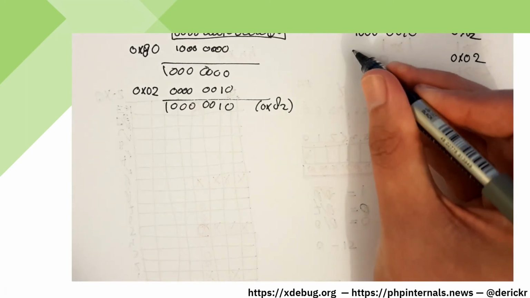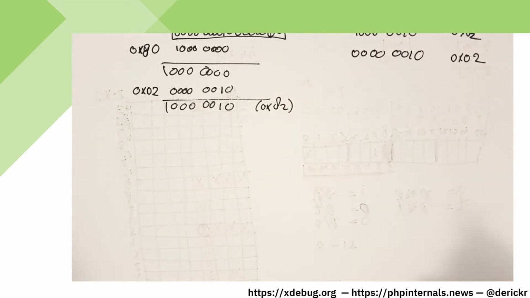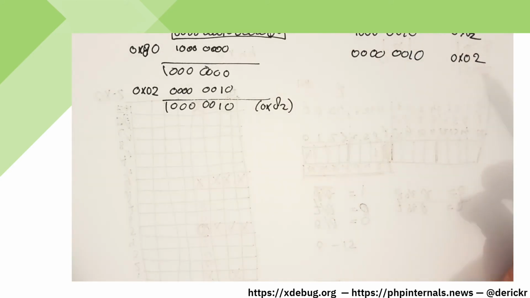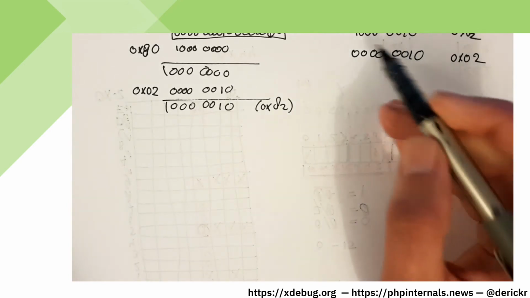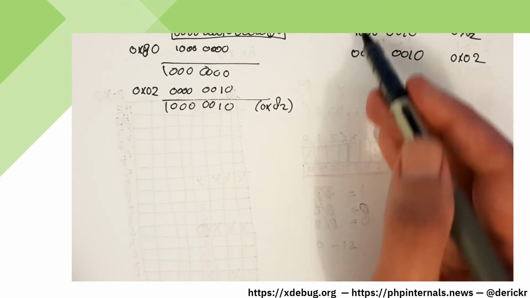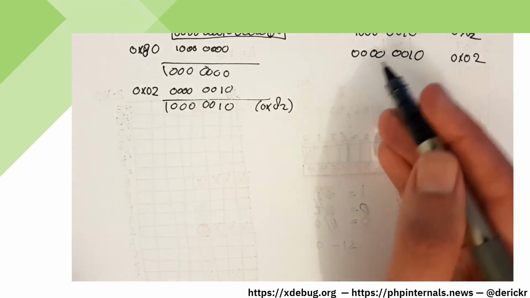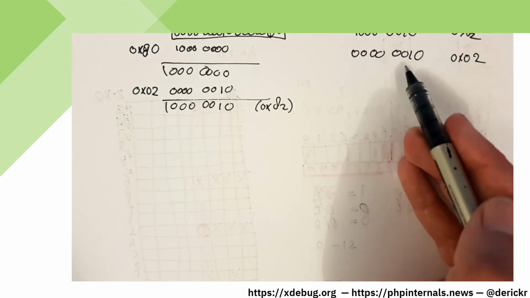So let me draw that out as well. But yeah, we can't use an AND. If we use an AND, then we'd only get this bit out, right? The AND operator making sure that if both of these bits are set, then the result is 1. But we want the opposite. We want to make sure that we only keep all the bits in here if this bit is not set.